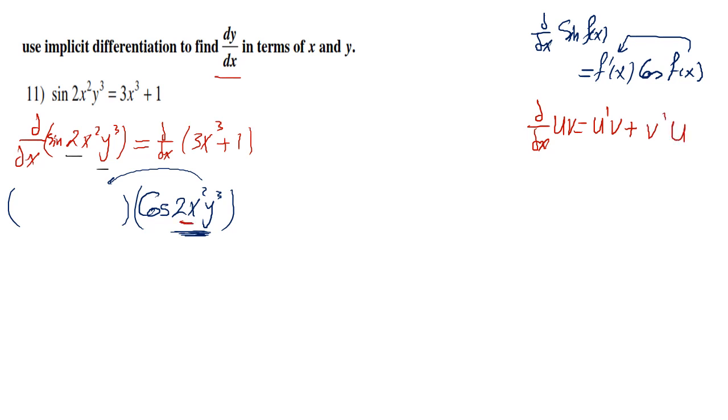So derivative of 2x to the power of 2 is 4x multiplied by y power 3, plus derivative of y power 3 is 3y squared dy by dx multiplied by the first, which is 2x squared.